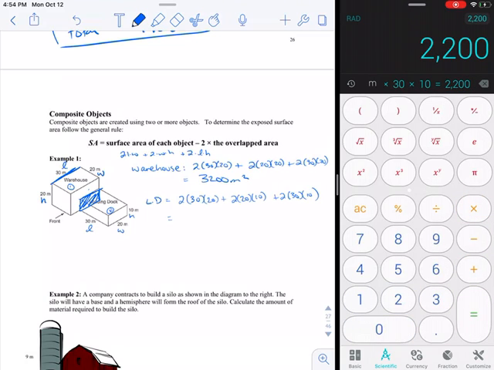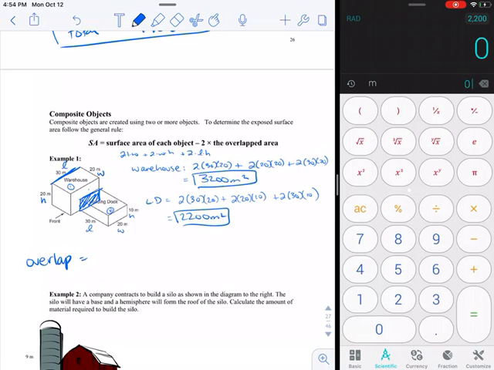So the loading dock comes out to be 2,200. Okay, so we kind of have everything so far. Then we need to figure out the overlap.